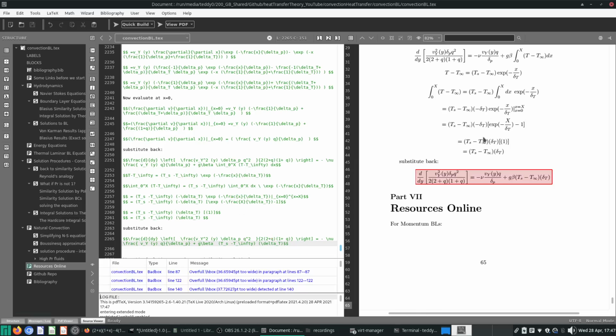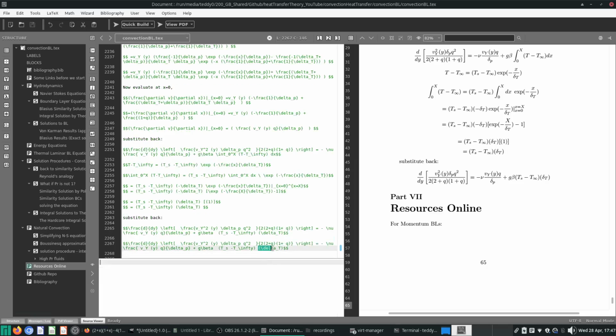And what do you notice? Most of the terms here are in terms of this momentum boundary layer thickness and Q. So we might want to just replace it by Q over delta. We'll do delta P over Q. That's what we will have.